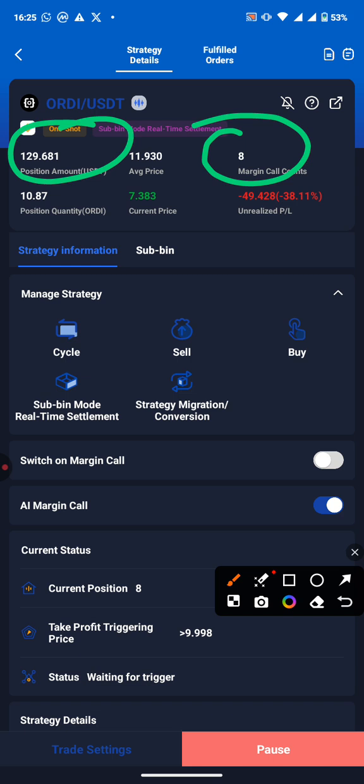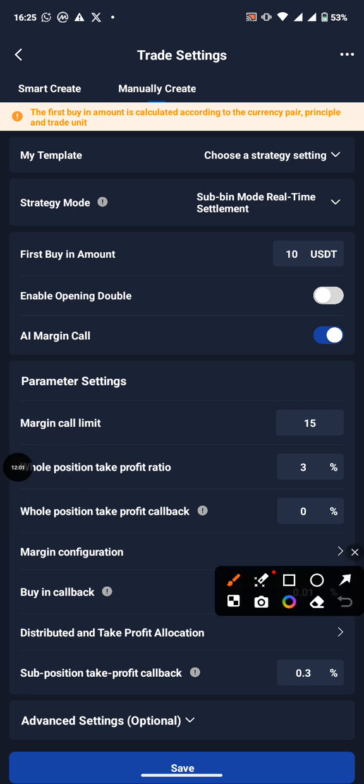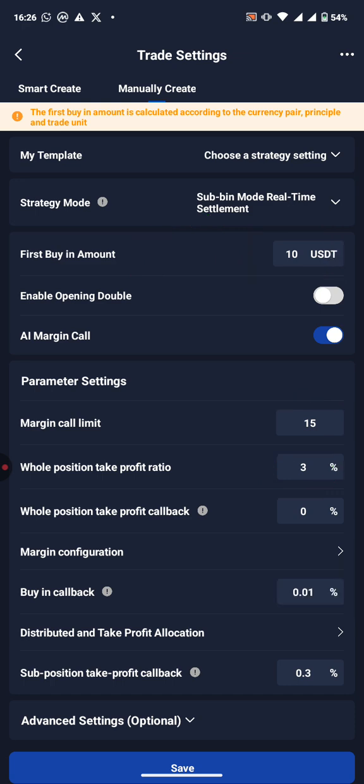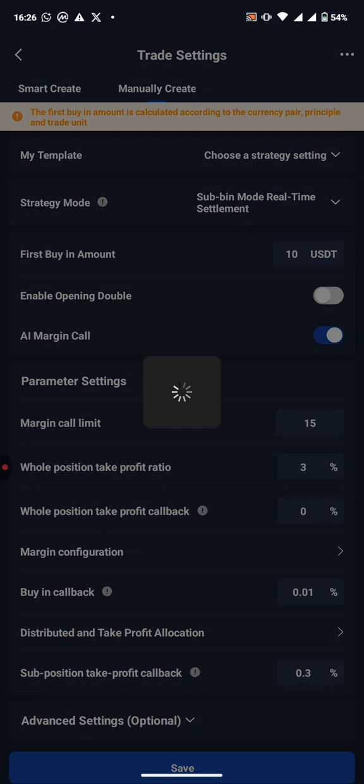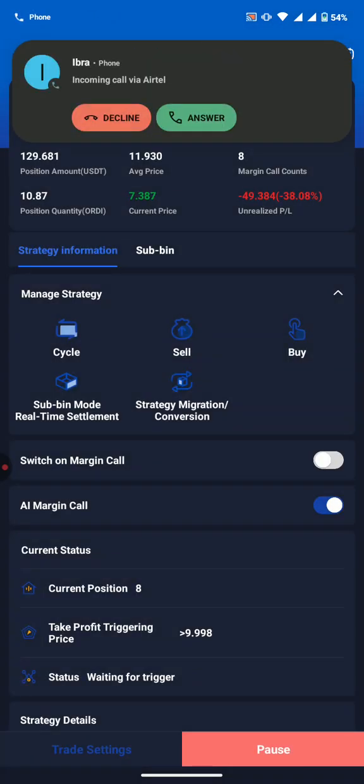So always follow what you're being told: the margin call limit, my take profit, the buying amount. My first buying amount was $50, then I had to change to $10 because I have to leave some money in my account so that my robot can keep on trading for me.